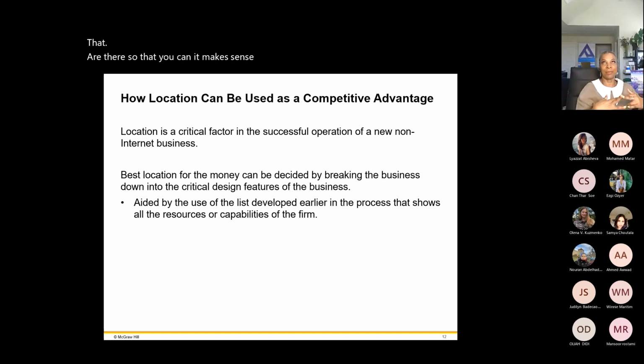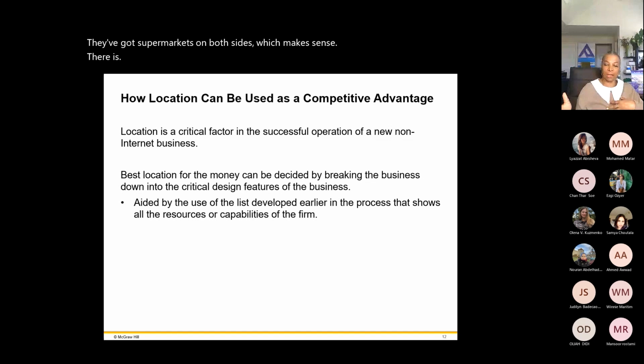For example, they've got supermarkets on both sides, which makes sense. There is a full service car wash on the right side, but not coming back. There are restaurants on both sides.